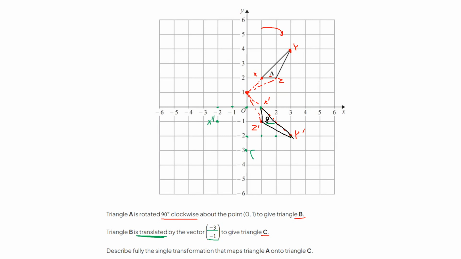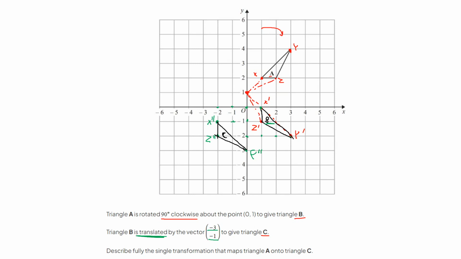So it's going to be Y2 prime. And then finally Z is going to go 1, 2, 3, and then 1 down. So this is Z2 prime. Let's connect the dots so that you can see it. And this is triangle C.